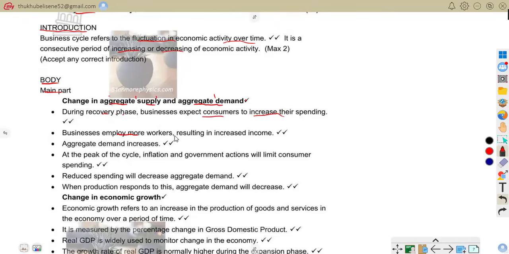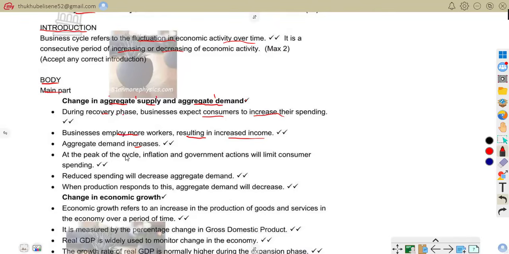Business employ more workers, resulting in increased income. It means that to meet higher demand, firms hire more workers, increasing household income. Also, aggregate demand increases. It simply says total demand for goods and services in the economy rises.